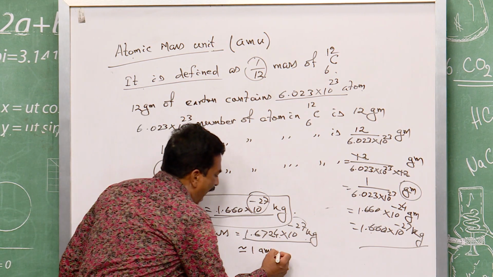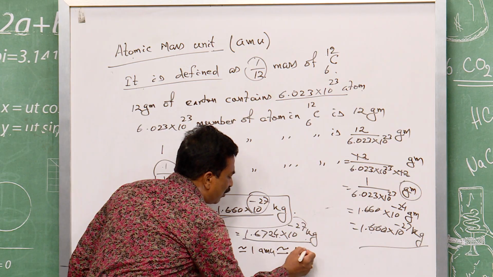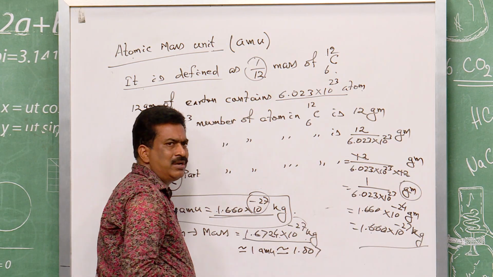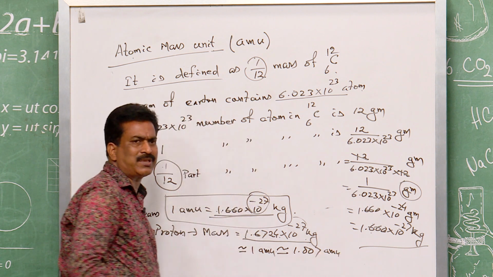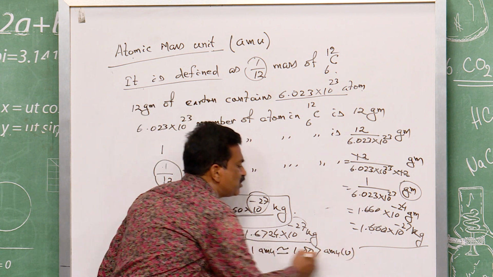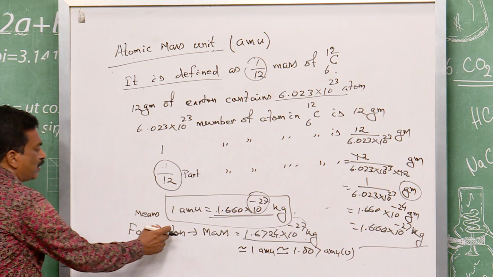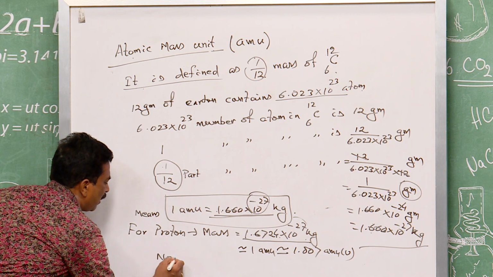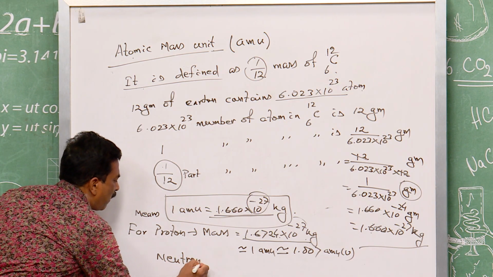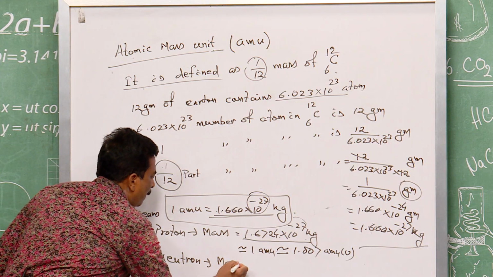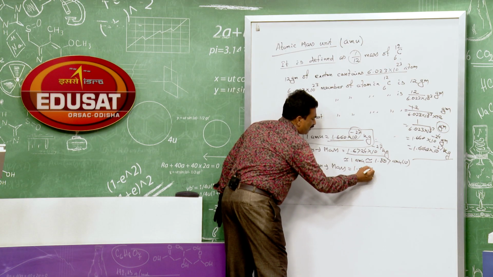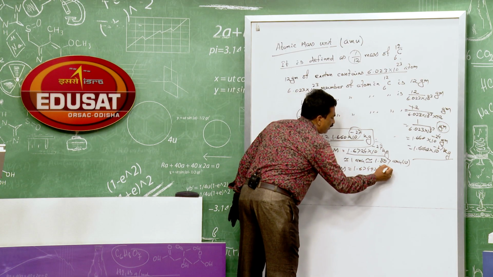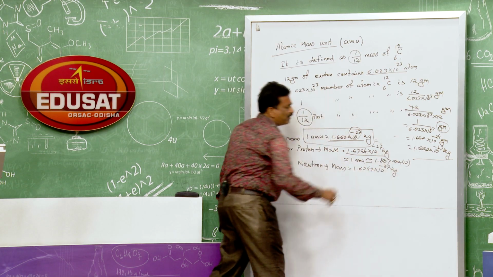But for its actual mass, that is 1.007 AMU. Instead of AMU, you can write it as u. This is for the proton. For the neutron, the mass will be how much? 1.6749 into 10 to the power of minus 27 kg.